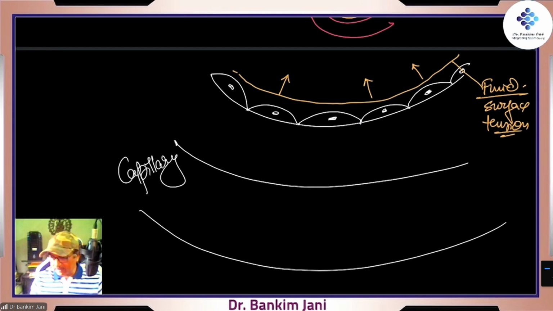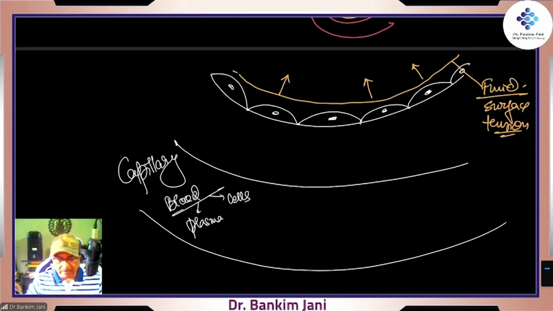Coming back to our capillaries. Capillary is basically blood. In blood, we have the fluid component and there are cells. The fluid component is called the plasma, and then there are the cells. At this point, we are interested in the RBCs because RBCs will be carrying the oxygen and carbon dioxide. Here is the plasma.